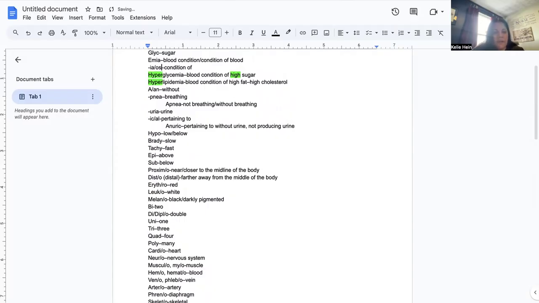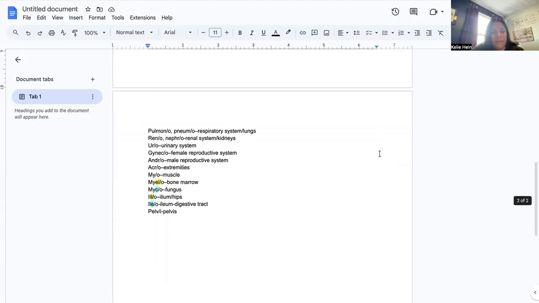And if you know these, my go-to is always, because I love my cats, I'll give you guys hyper kitty cat osis. What does that mean? Condition of a lot of cats, right? Hyper is high. So I can literally throw anything at you and you can break it down, okay? IA, osis is going to be a condition of, okay?